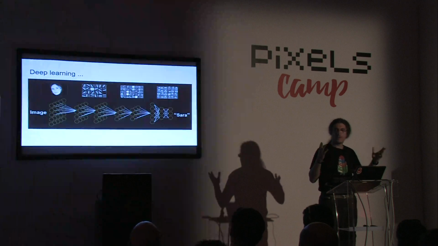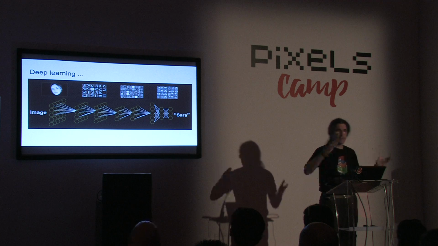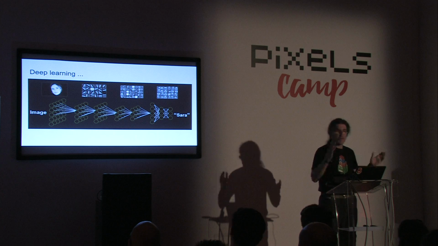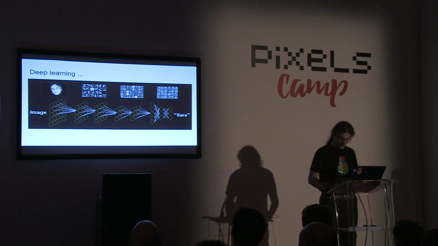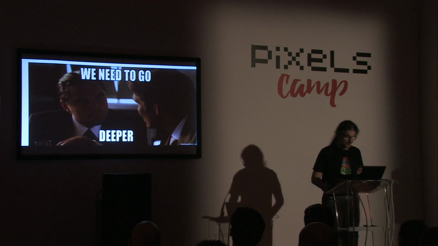You have the first layer where you just deal with finding straight lines, diagonal lines, and then you build on that layer and you start detecting noses, mouths, and then you build on that layer and you start detecting faces. So every layer builds on the layer before. So we need to go deeper.